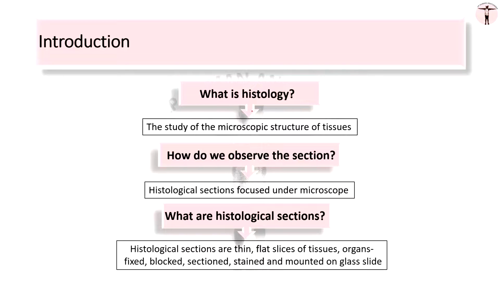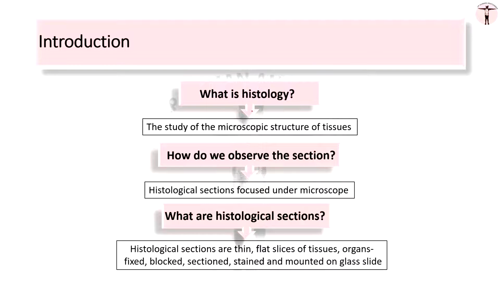What are histological sections then? They are thin, flat slices of tissues or organs. A thin slice of the tissue is taken from any part of the body, which undergoes a series of processes during preparation of slides. It is fixed with 10% formalin, dehydrated with different grades of alcohol, embedded in paraffin wax.